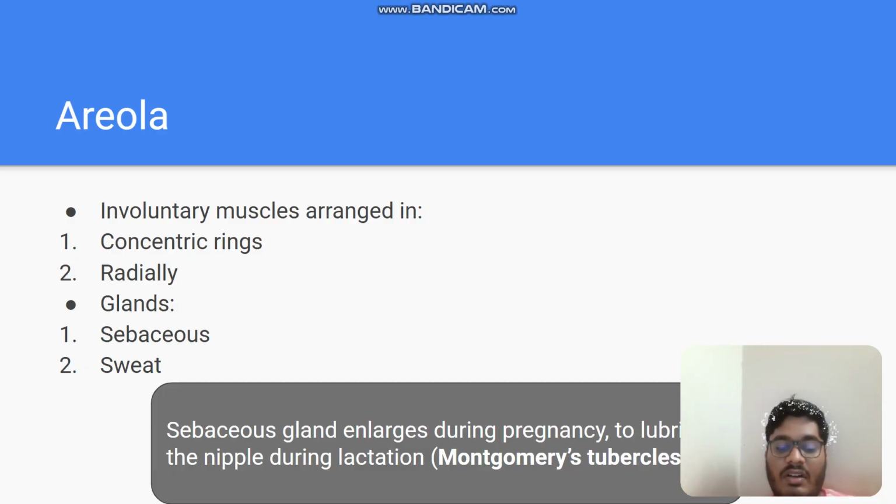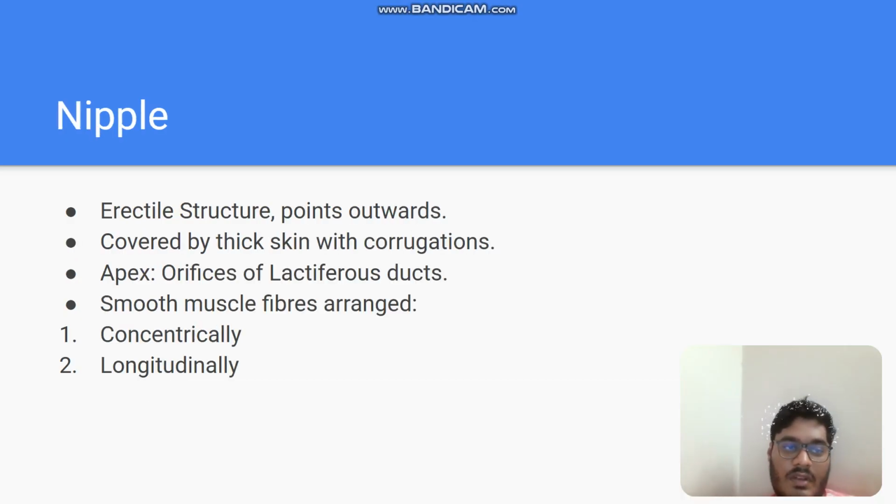These during the period of lactation are called Montgomery's tubercles. Nipple. Nipple is an erectile structure that points outwards. It is covered by thick skin with corrugations. The apex of the nipple has orifices or openings of lactiferous ducts, and smooth muscles present in the nipple are arranged concentrically and longitudinally.